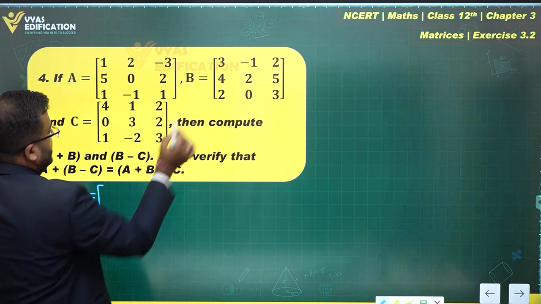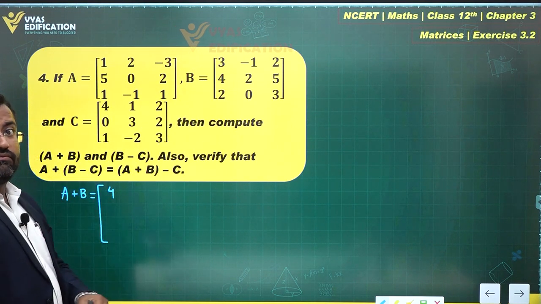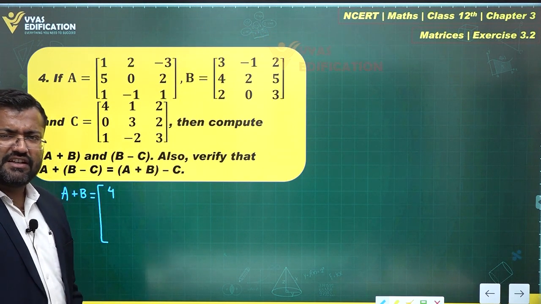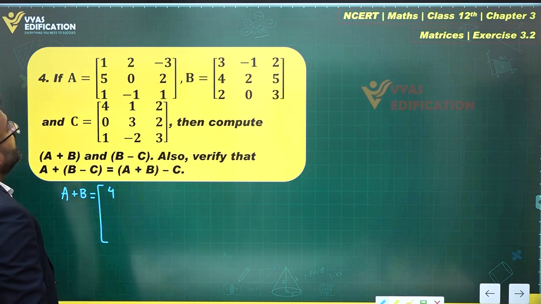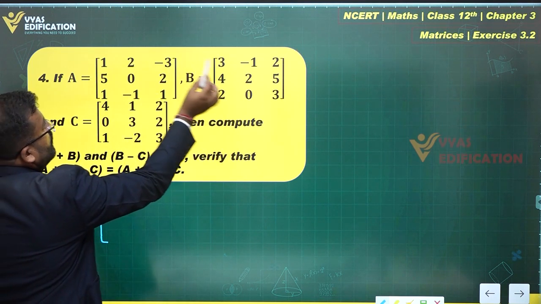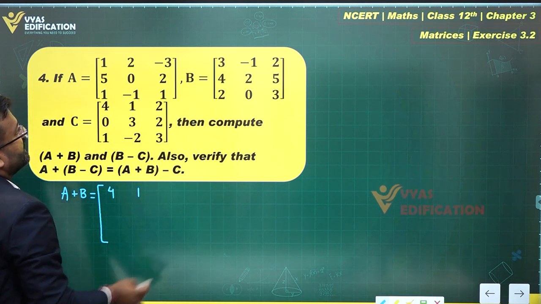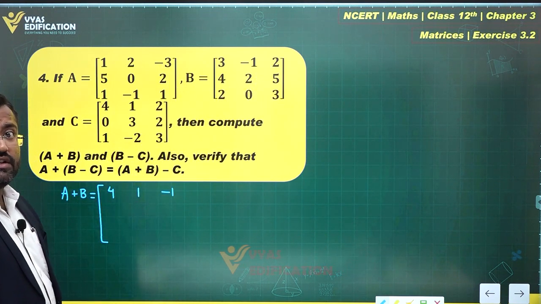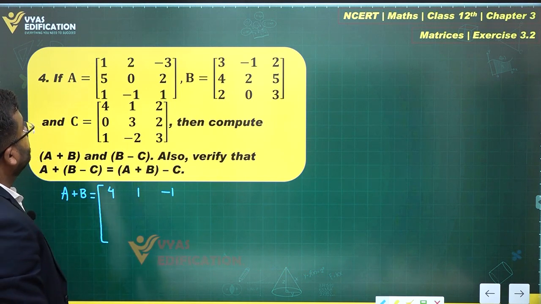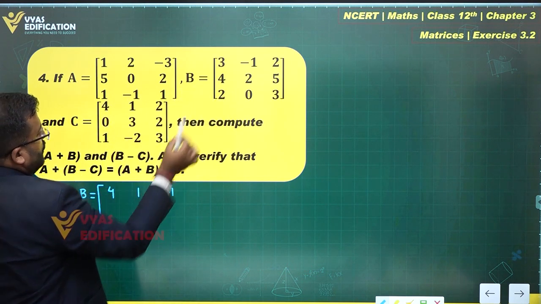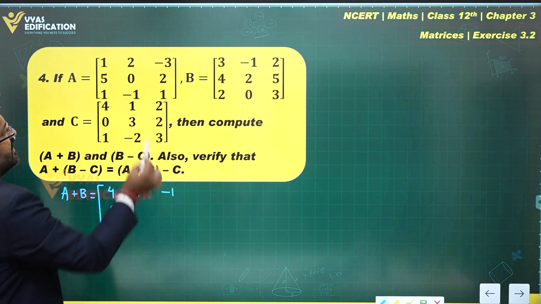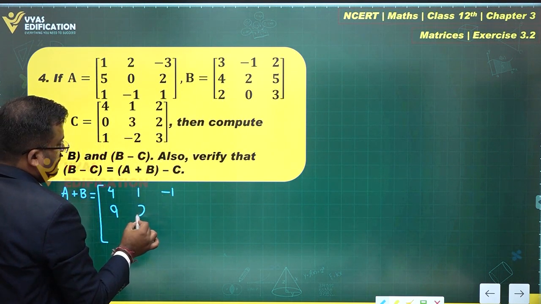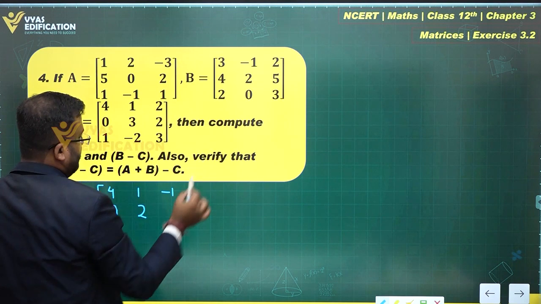This is 1 and 3, the sum is 4. Then 2 minus 1, which is 1, minus 3 plus 2, which is minus 1. 5 plus 4 is 9. 0 plus 2 is 2. 2 plus 5 is 7.